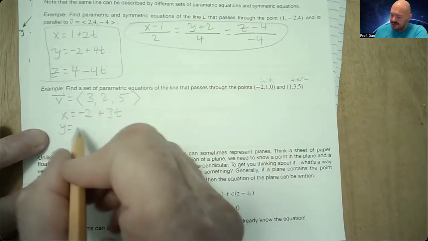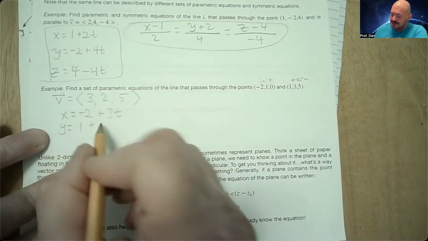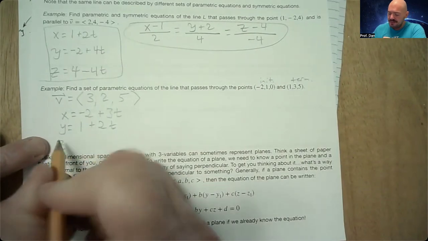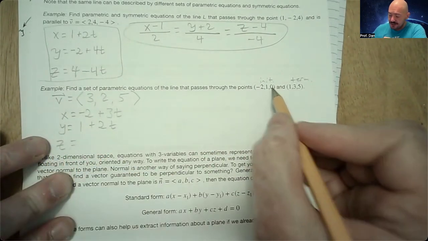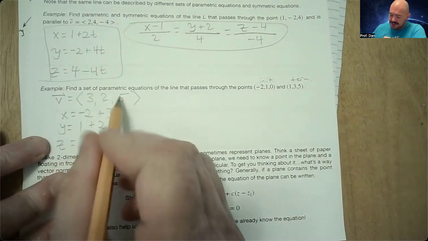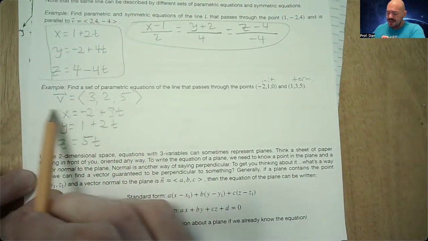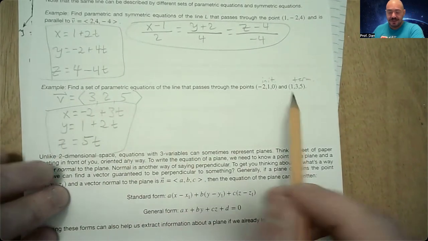The y coordinate is 1 plus the slope 2t. And then z coordinate is 0 plus the slope 5t. So this is a set of parametric equations that describes this line.